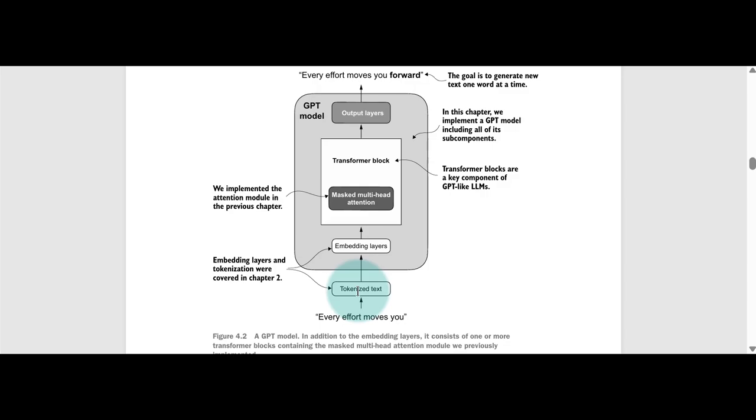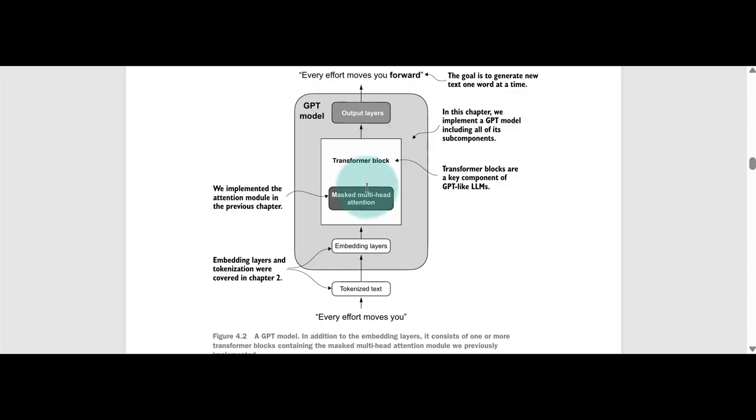We do have to tokenize the text. We do have to think about embedding layers. We do have to include our multi-headed attention or our masked multi-headed attention, and that's included with some other stuff in this whole section. We don't see the other stuff right here, but that's going to be called the transformer block.